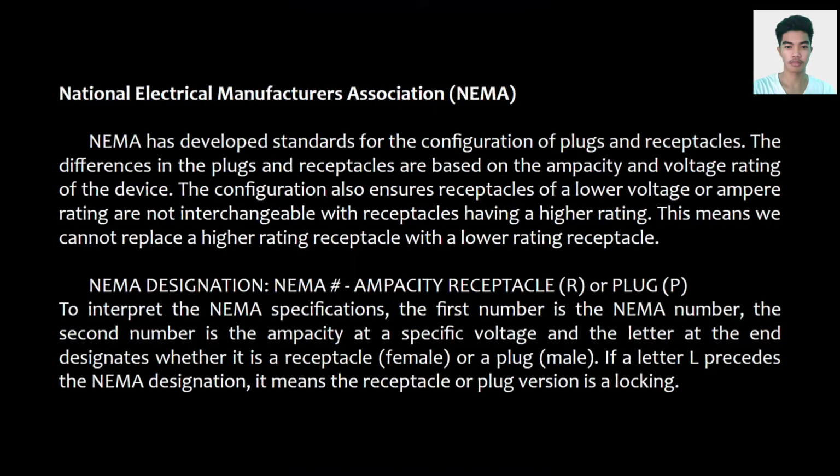So, dito naman sa NEMA, nag-develop sila ng standards for the configuration of plugs and receptacles. Dito natin makikita yung NEMA number, sinusundan naman ng ampacity or the ampere capacity ng receptacle kapag letter R, and plug naman kapag letter P. And kapag may letter L na nakalagay sa dulo, ito yung mga receptacles and plug na nakakapag-lock, which means mas hindi siya madaling mabunot sa pagkakasaksak.